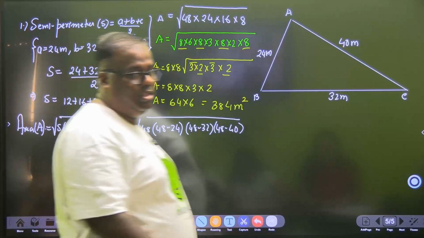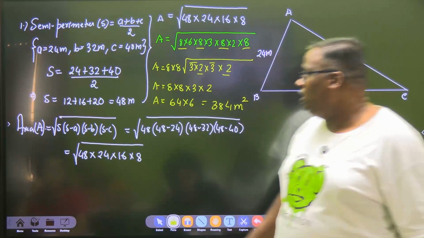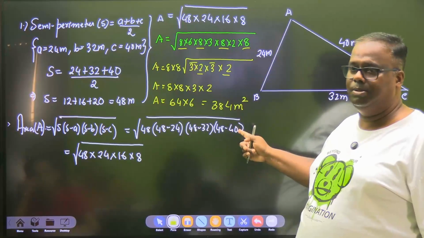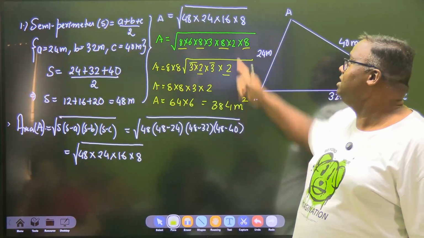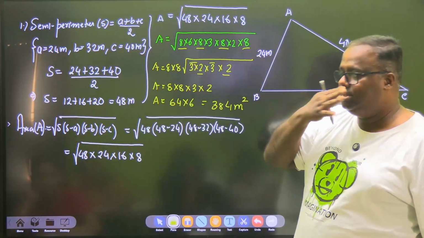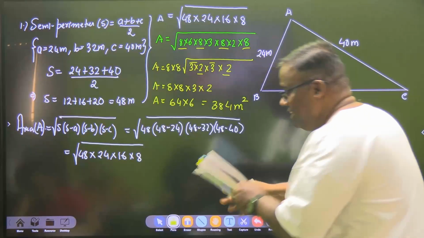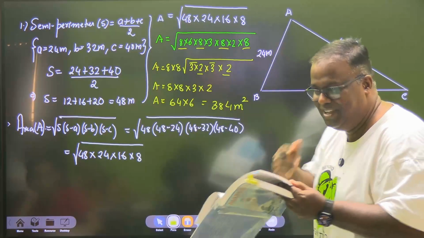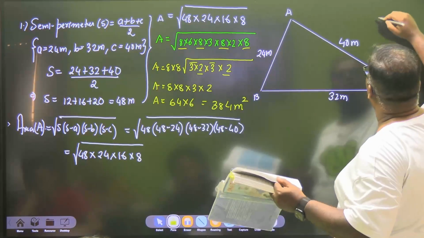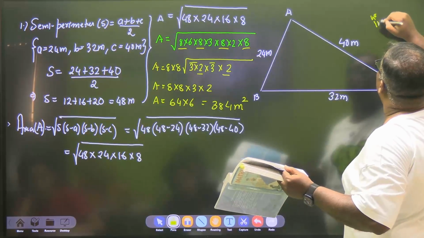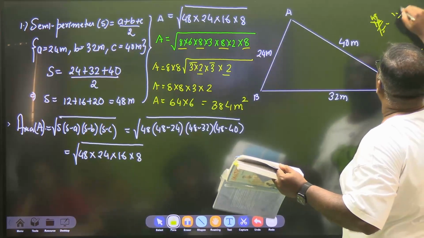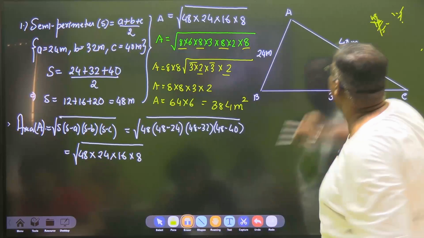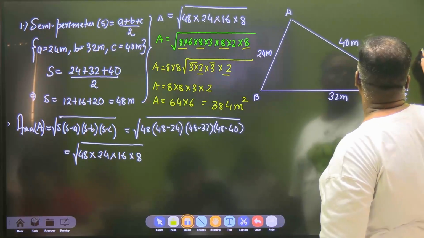In this chapter, children will struggle from this step. From this step, you get this. And looking at this step, what will you do? Last page you will open, na? That last page, and then you'll write 48 into 24. And I'll make all those hisab kitab and then make a nonsense out of it.